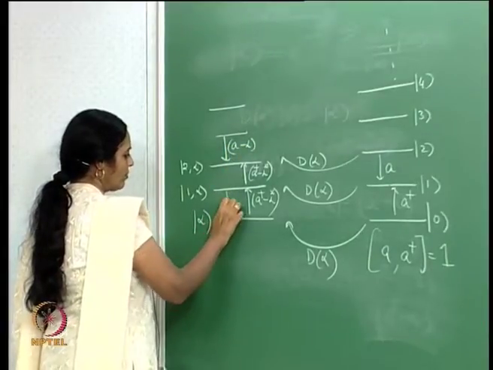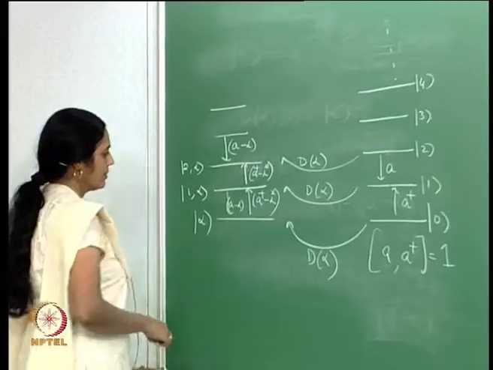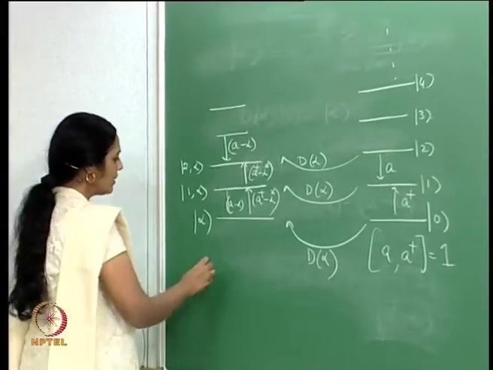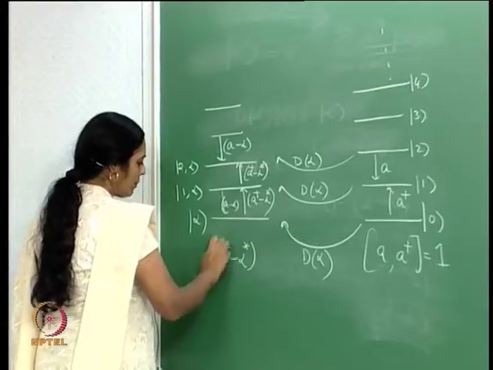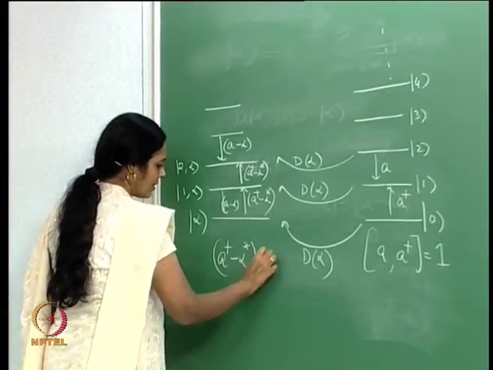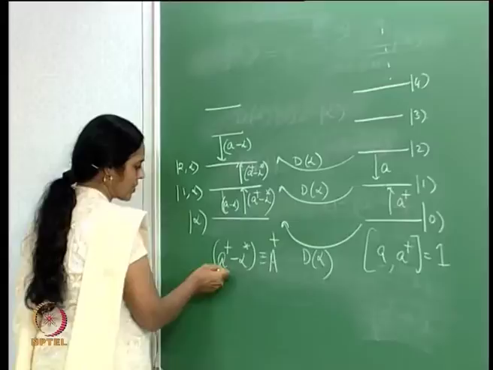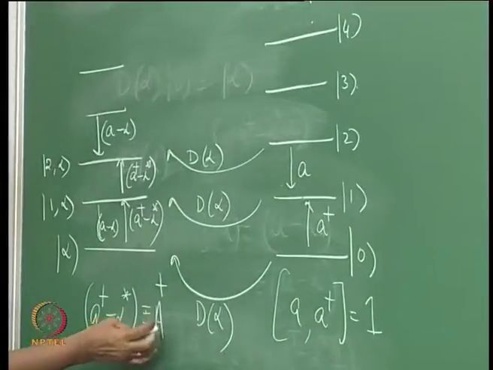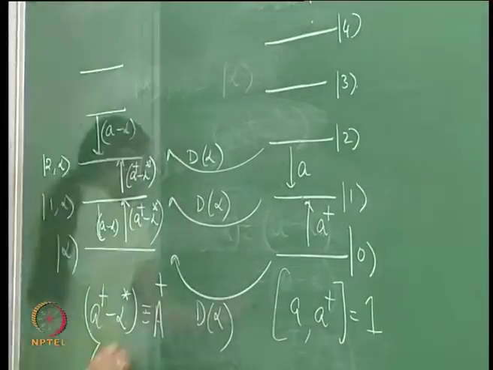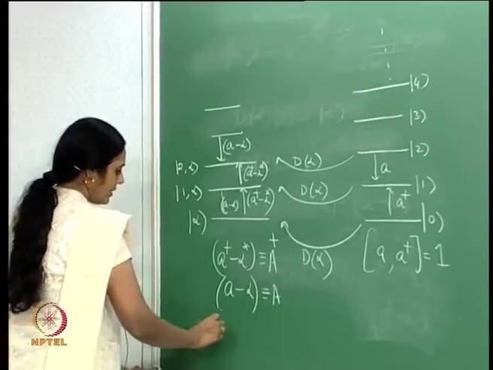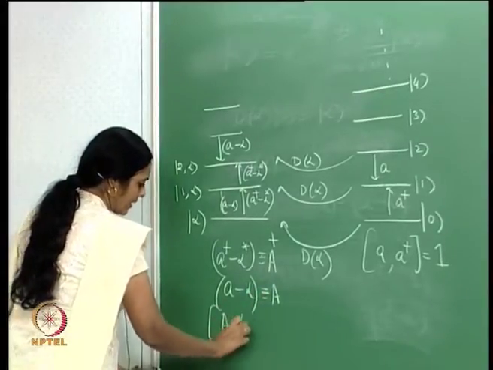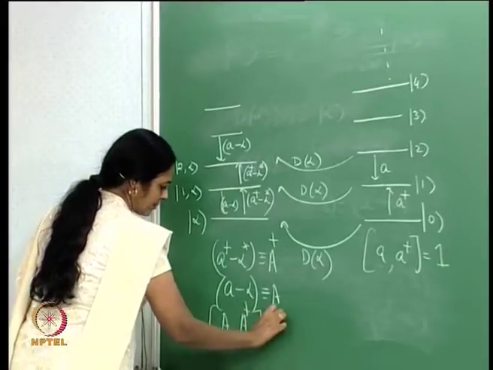I can go here using A minus alpha. It is clear that if I represent little A dagger minus alpha star as capital A dagger, and little A minus alpha as capital A, it is evident that the commutator of A and A dagger is 1.